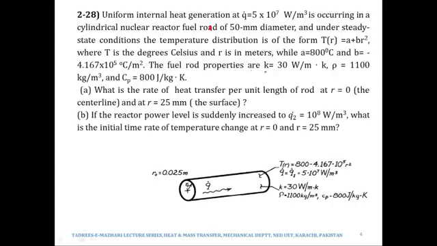The fuel rod properties are thermal conductivity is 30, density is 1100 and Cp is 800. As soon as you are given Cp, that is an indication that it would be used somewhere, because if you recall, where did Cp exist? Cp was there in the energy storage term.